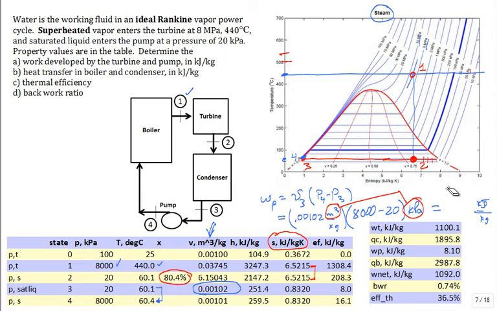Okay, shall I repeat that one more time? It's a great unit conversion. 1 meter cubed times 1 kilopascal is precisely 1 kilojoule.